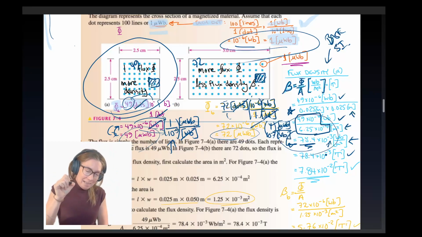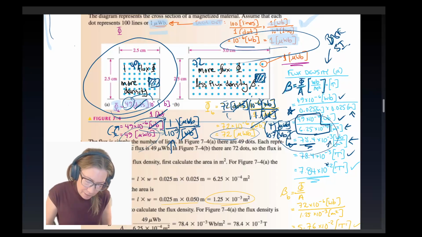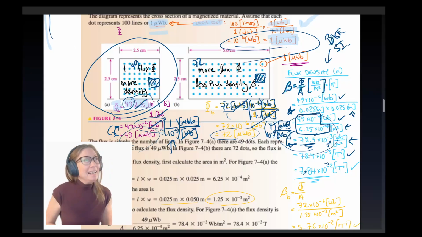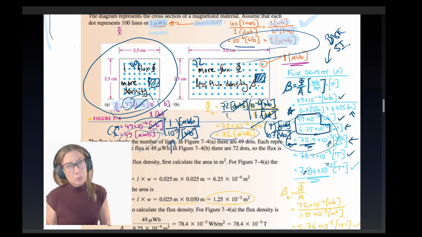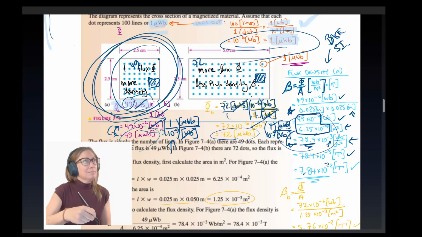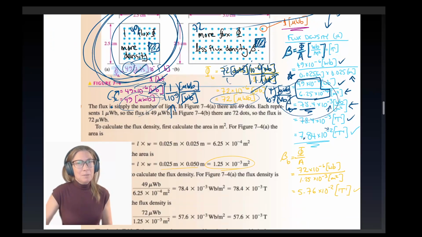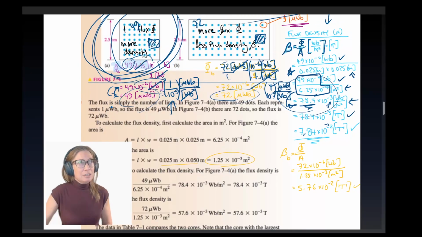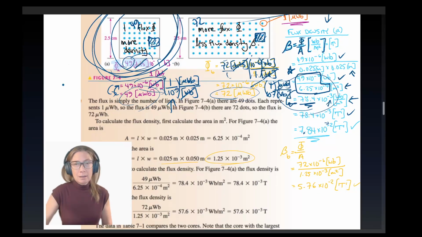So now you're not at negative 3, but you're at negative 2 in scientific notation here. 7.84 times 10 to the negative 2 Teslas of flux density, or I like to say 7.84 times 10 to the negative 2 Webers that I've counted in each meter squared of this. So many details going on in this problem. Let's do this other one a little bit quicker, skipping a couple of steps.